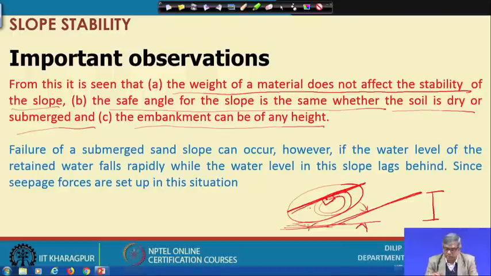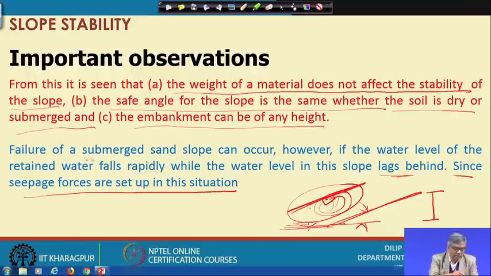So, the water table has gone, but some water is retained in the soil, and for water to come out of the retained soil takes some time. So, that lags, and because of that sometimes this slope will fail. Since seepage forces are set up in this situation, the failure may occur.